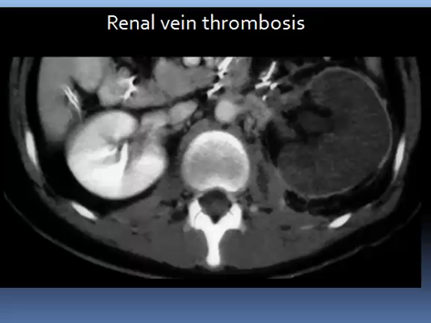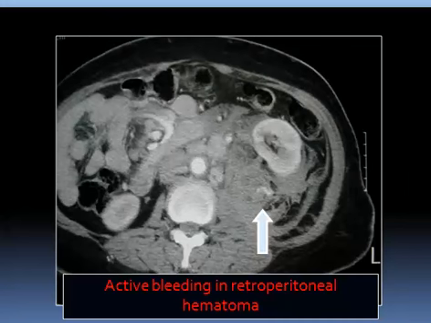Now, if the renal vein is thrombosed, renal vein thrombosis results in a large underperfused kidney. This is the renal vein thrombosis. Now here there is active bleeding and retroperitoneal hematoma.